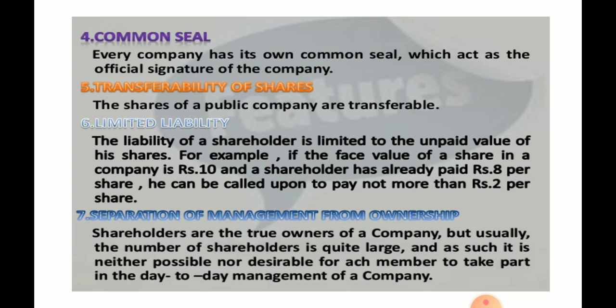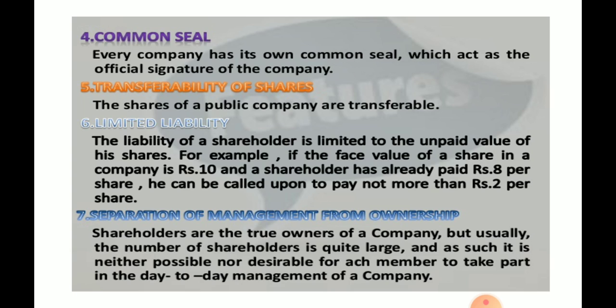The liability of a shareholder is limited to the unpaid value of his share. For example, if the face value of the share in the company is 10 rupees and the shareholder has already paid 8 rupees, he can be called upon to pay not more than 2 rupees per share.